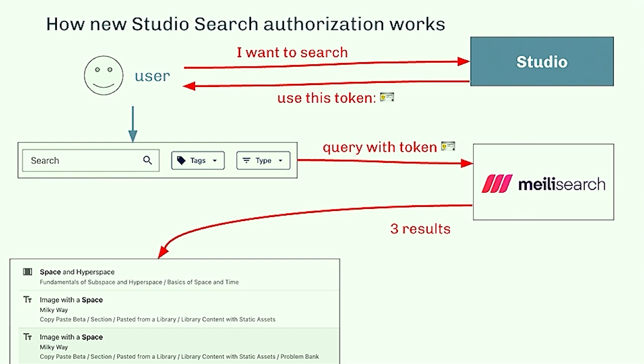Where you can summarize all those rules and the system agrees that those are the permissions, then we can find a way to encode them into the search index. So you can say, for example, this piece of content, this XBlock, is visible to cohort 1 and 2. And then in your JWT, you can say this user has permission to see cohort 1 and 2. And Meilisearch could enforce those permissions.